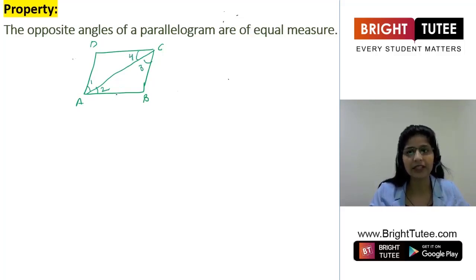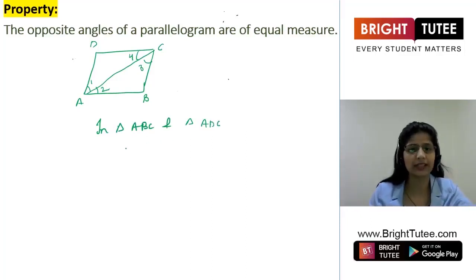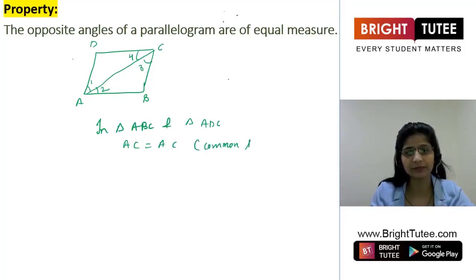Right, and after that what we did is, in triangle ABC and triangle ADC, so what we see in these two triangles, that AC is equal to AC being the common side in both of them. The next thing is, angle 1 is equal to angle 3, angle 2 is equal to angle 4.